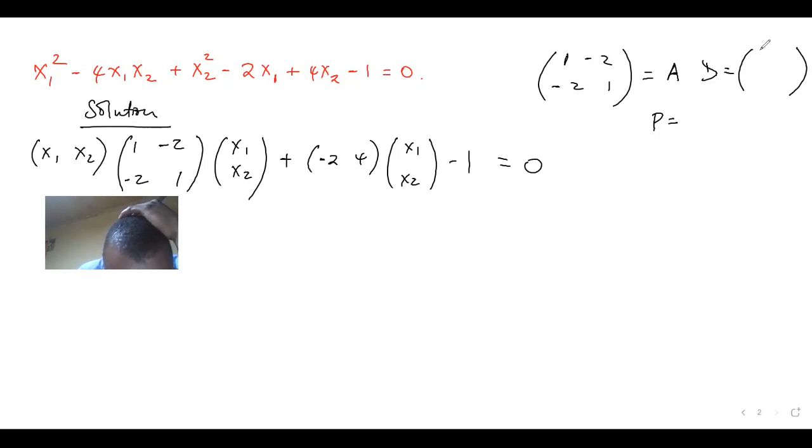So we can say 3 and -1 for the diagonal entries, and then P, the eigenvectors: 1, -1 and 1, 1, like that? Yes.